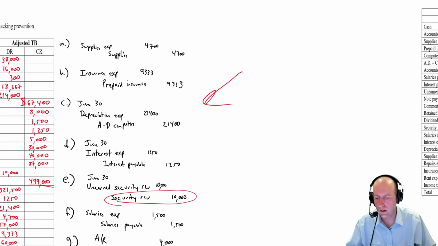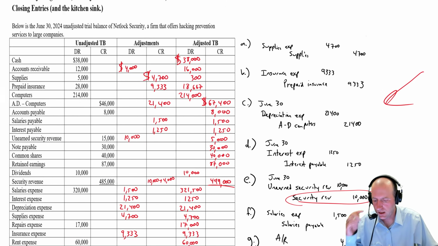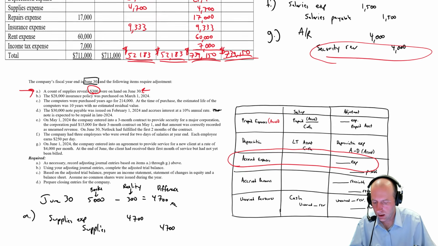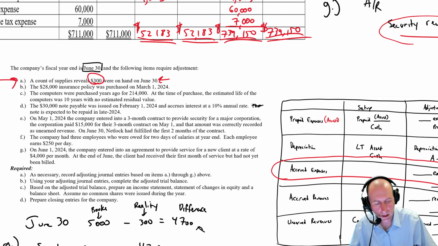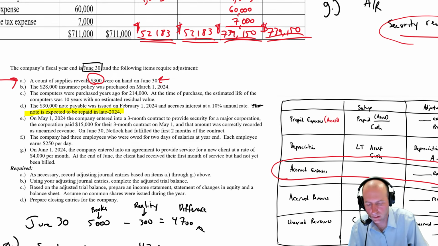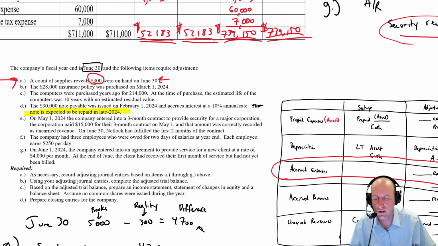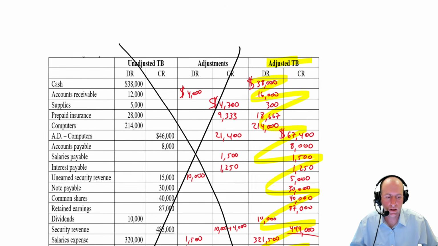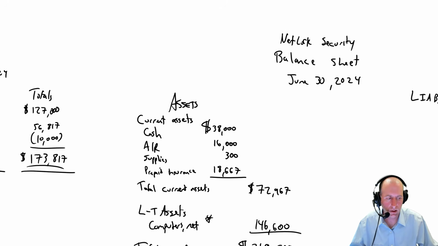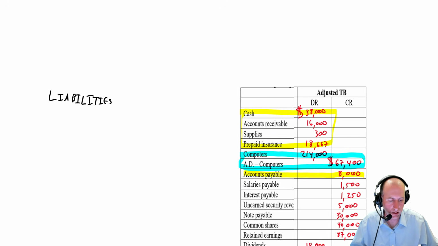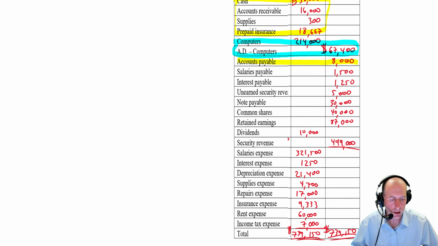I was thinking, oh, note payable will be long term, but it says the note is expected to be repaid in late 2024. Well, if our balance sheet is dated June 30th, 2024, guess what? The note payable is current. So these are all current liabilities. All of these are current, even the note payable.